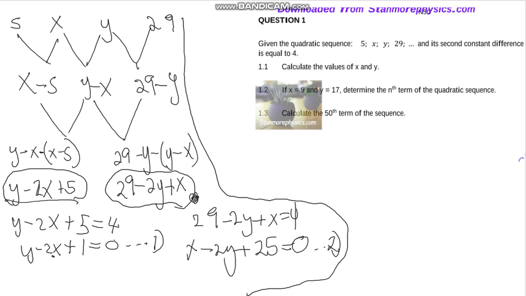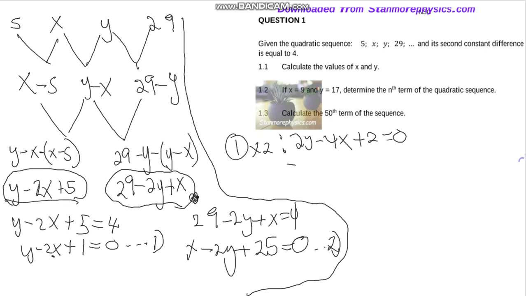Multiplying equation 1 by 2, it will give you 2y minus 4x plus 2 is equal to 0. Now, after you have done that, you place equation 2 here.